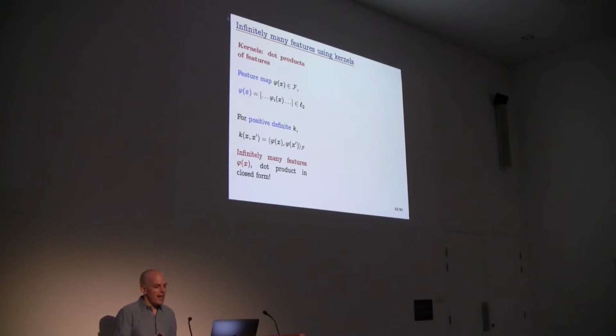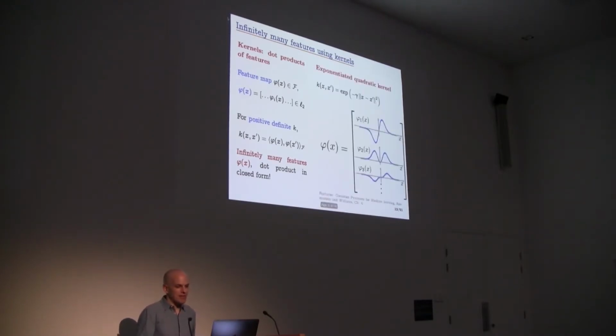All right? And I'm going to define a kernel as being the dot product of these features. So any positive definite function will have a set of features whose dot product is that function. And so this is very convenient, because if I express my algorithm only in terms of dot products, then I can deal with infinitely many features without a problem.